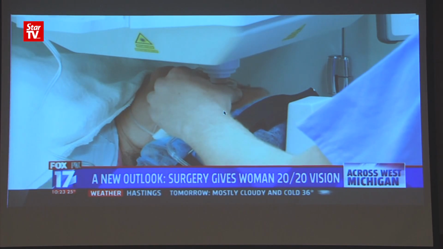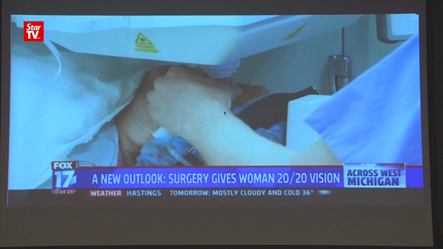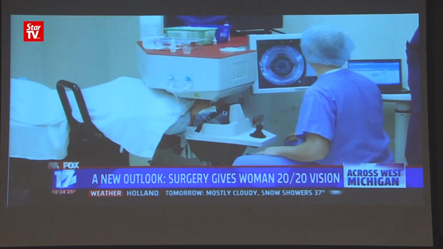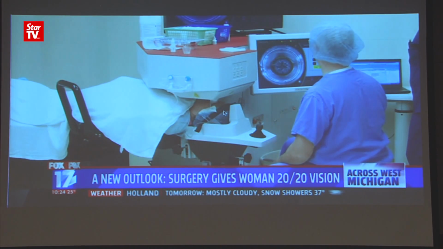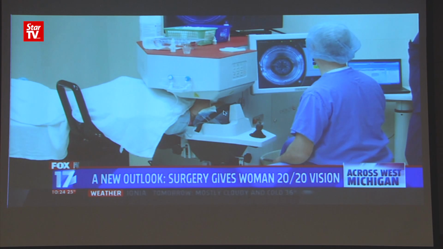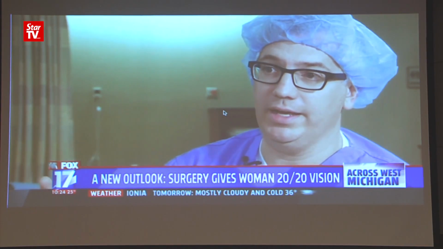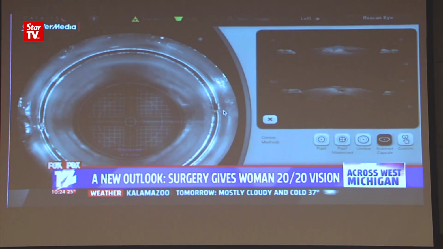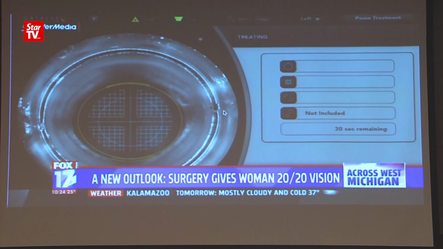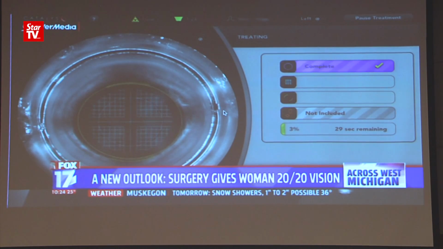That technology, a new state-of-the-art laser called Catalyst. The Pro is glasses in the lens and break up cataracts while making a small incision in the eye. It scans the whole eye and creates a 3D map of the eye, and that allows us to know the center of the lens and the center of the visual axis. And then it makes an opening in that lens based on that.